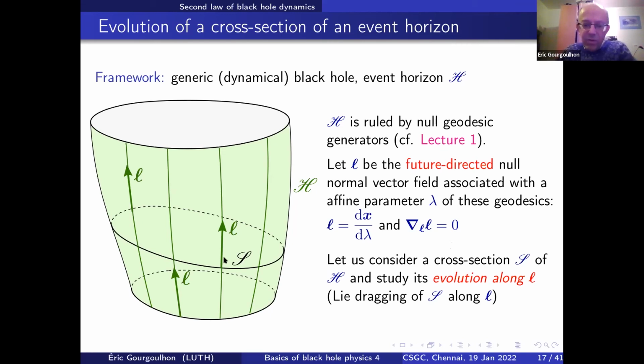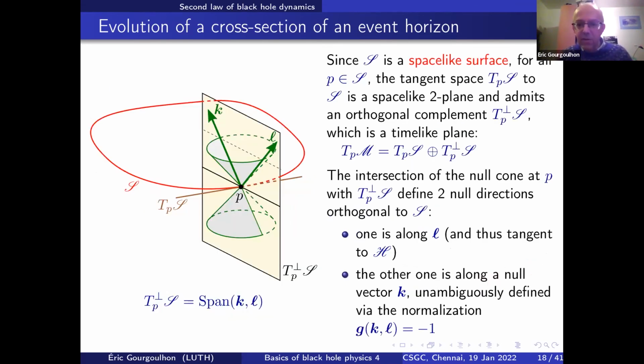And now I'm going to consider the evolution of this cross-section along L. And this is performed by performing the Lie dragging of S along L that we have introduced the other day when discussing the expansion. So let me remind you something that we have seen also, that if I consider S as a two-surface, so we have a tangent space, which is two-dimensional actually, but here it's drawn as a single line due to some dimensional reduction for the purpose of the drawing.